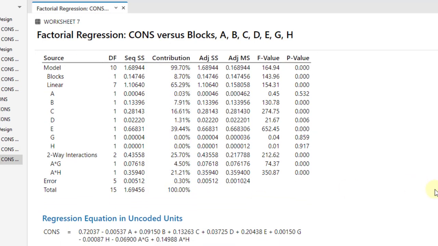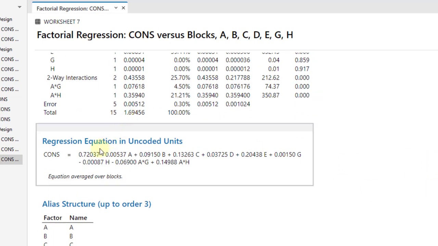After the ANOVA table, we will go towards the regression equation. In the regression equation, this first term is the constant, and after that there is a coefficient associated with all of the terms that we have considered in our model. The terms that have a negative sign have a negative effect on the response variable CONS, so it means that with the increase in those terms, for example, with the increase in A, there will be a decrease in the CONS.